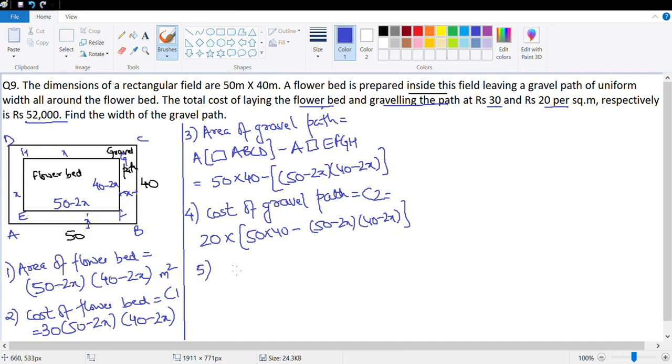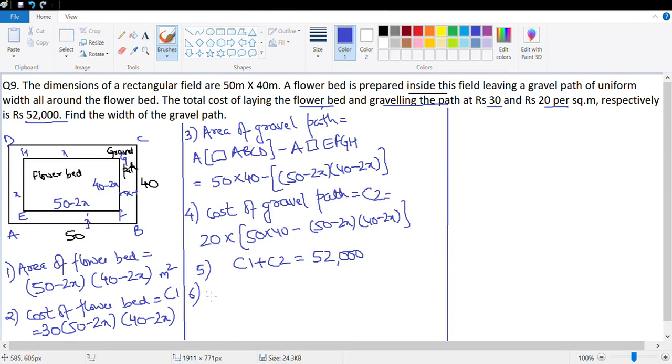Correct. And what we've been given is C1 plus C2 is equal to 52,000. Long calculation, we'll need to be careful in doing the calculation. So now let's start multiplying and see what we get.